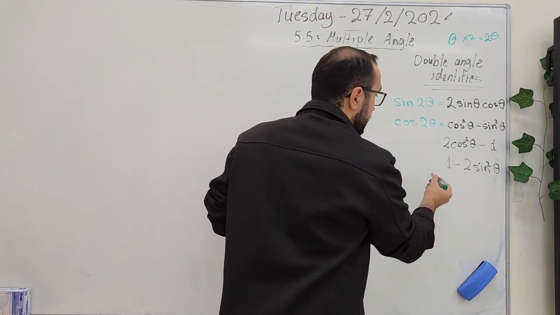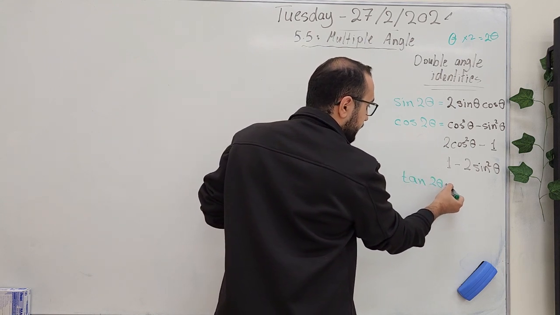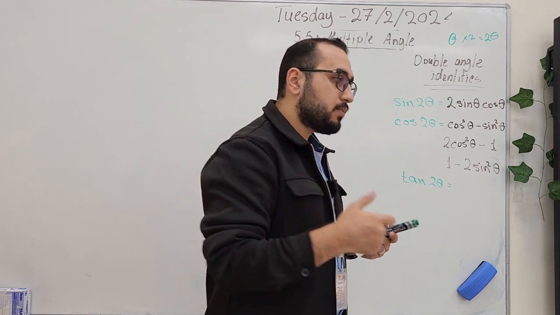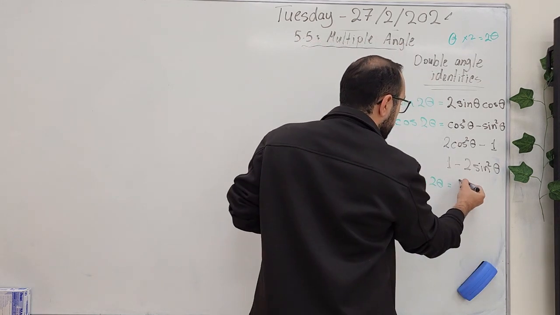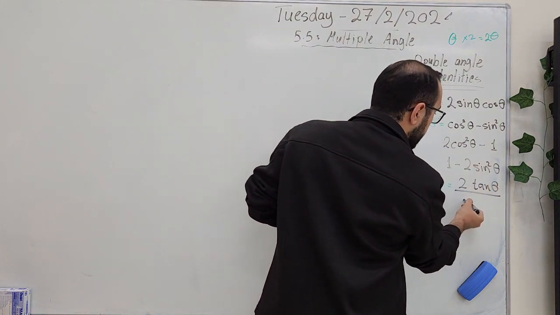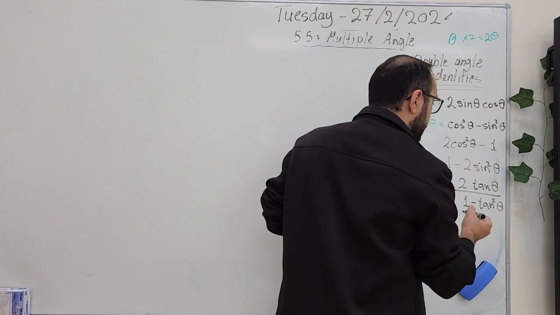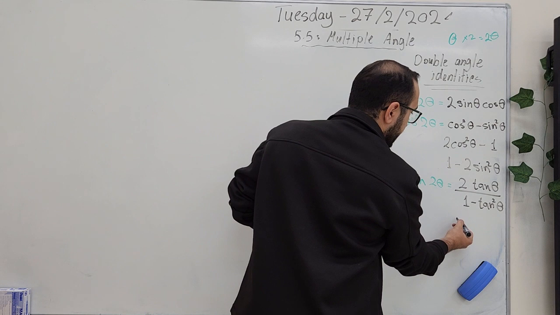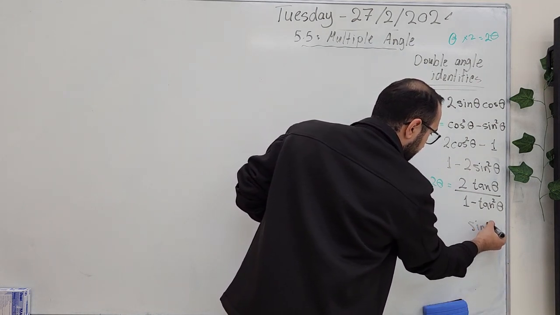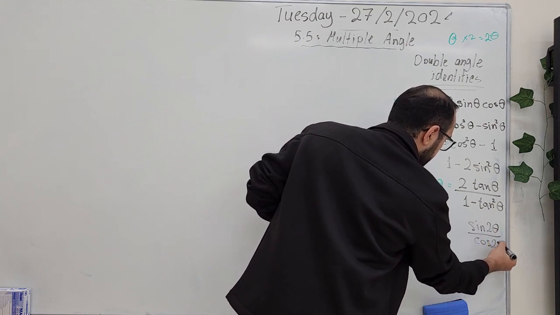Now the third trigonometric function is the tan double angle. For the tangent, we also have two formulas. The first one is 2 tangent theta over 1 minus tangent squared theta, or another one, which is sine double theta over cosine double theta.